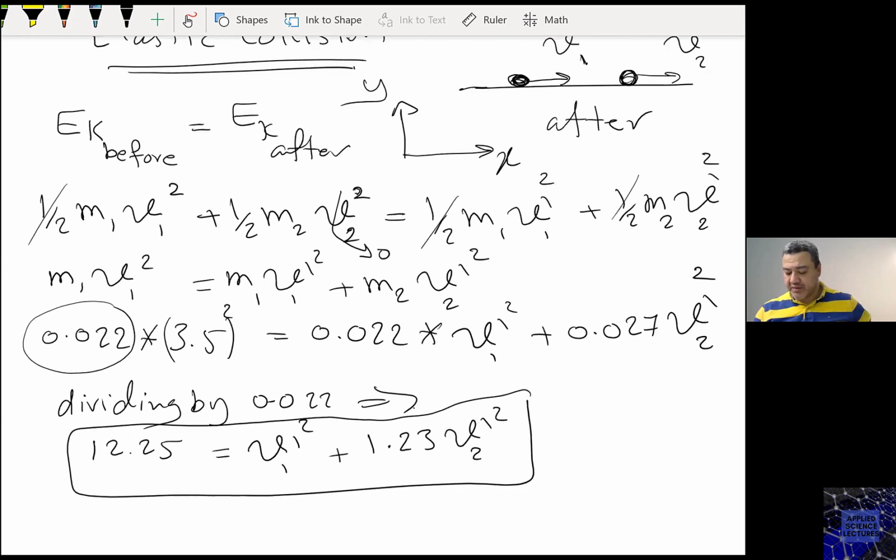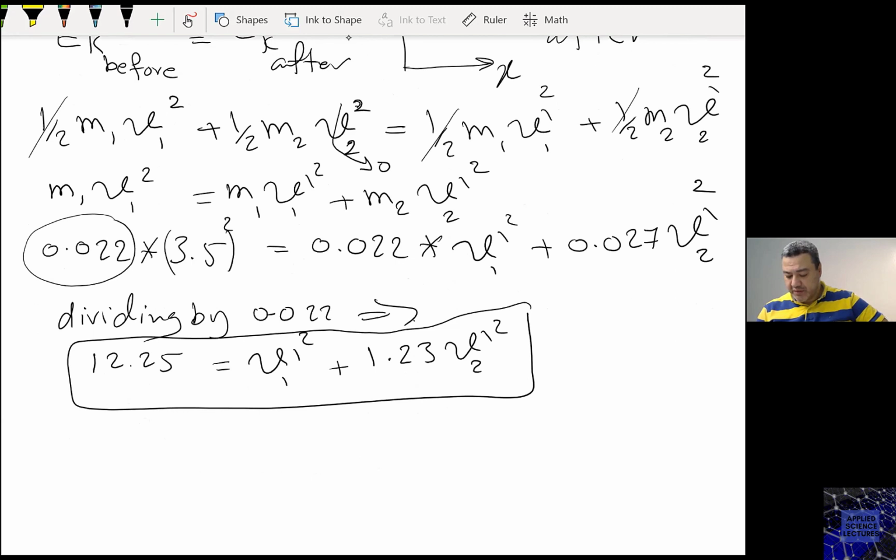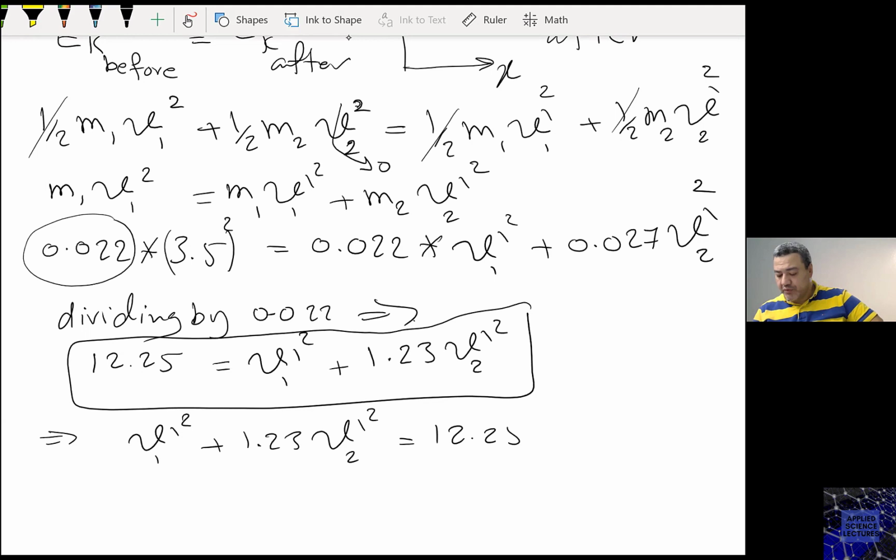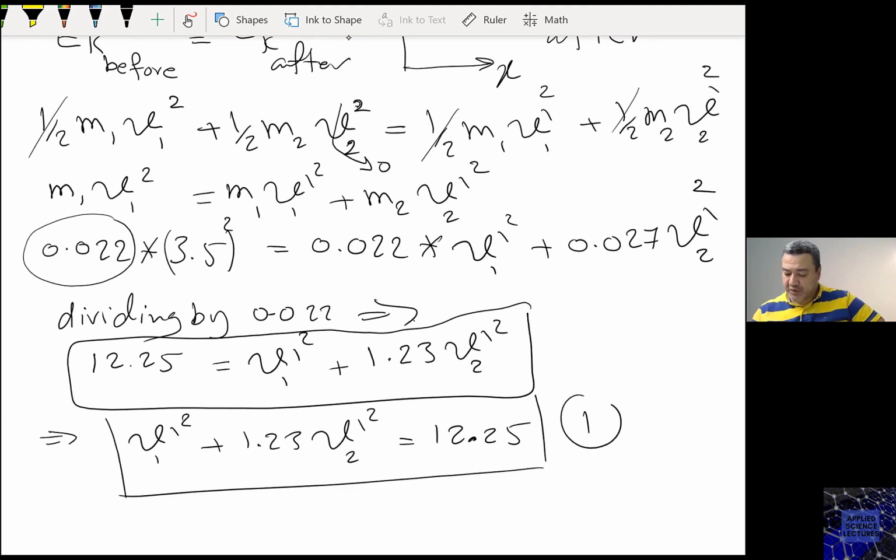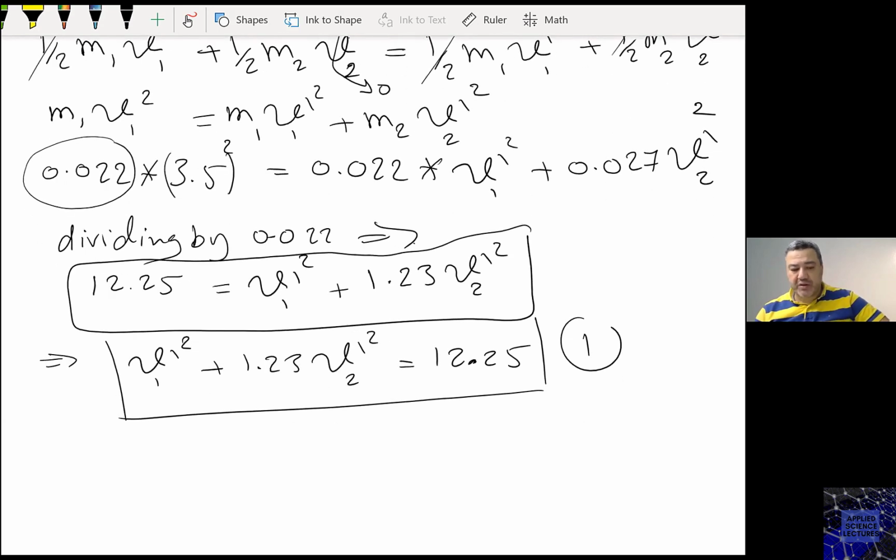So this is basically how I can write it: V1 prime squared plus 1.23 V2 prime squared equals 12.25. Let me call this one equation 1. So this equation I developed from the conservation of kinetic energy, knowing that the collision is elastic.